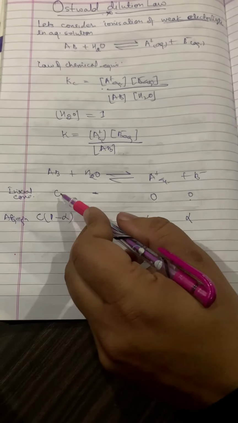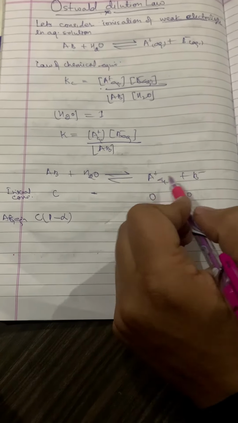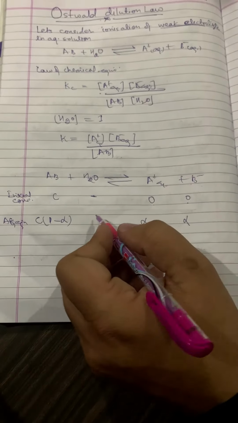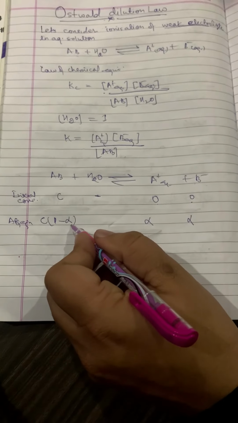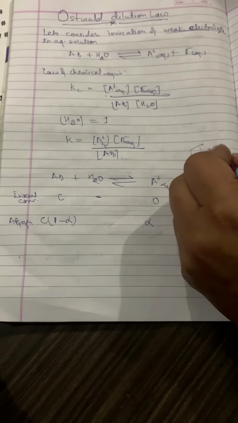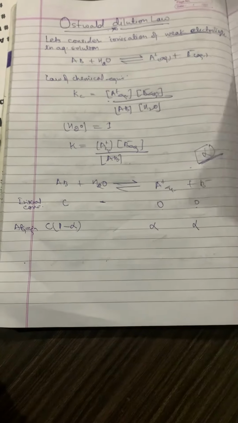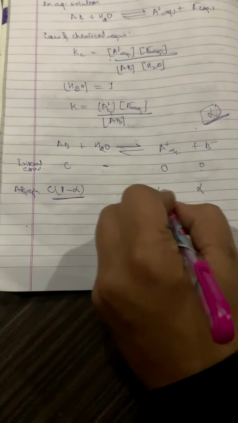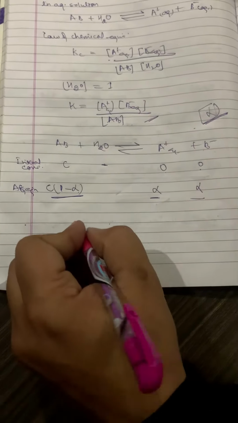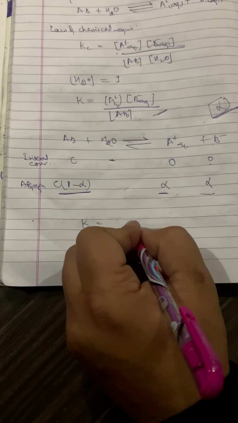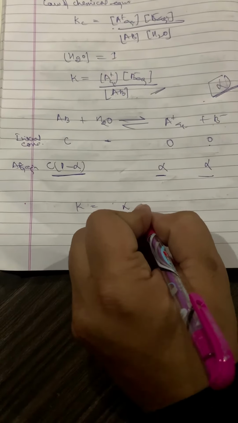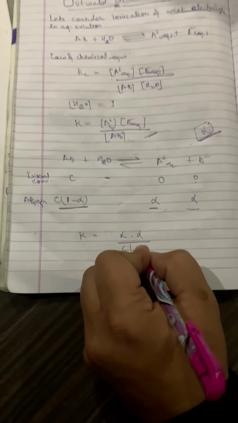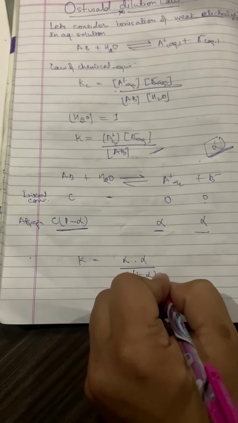When there is a dissociation of some salt to their ions, it is called degree of dissociation or degree of ionization. Alpha is an important term in equilibrium. It is called degree of ionization. So basically now we can put this value in the above equation. So you get K is equal to, that is C alpha into C alpha over C into 1 minus alpha.